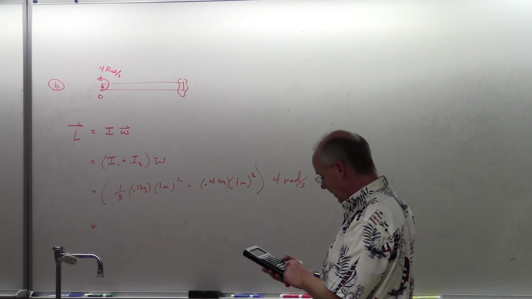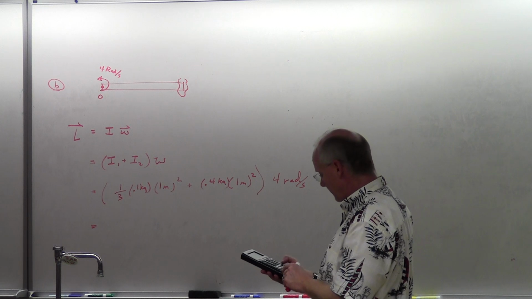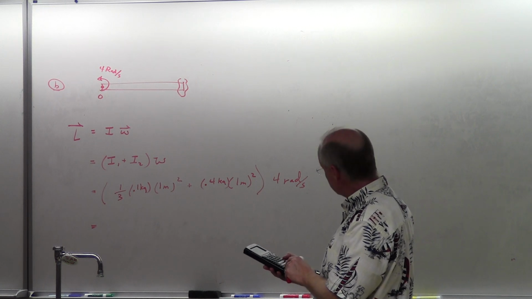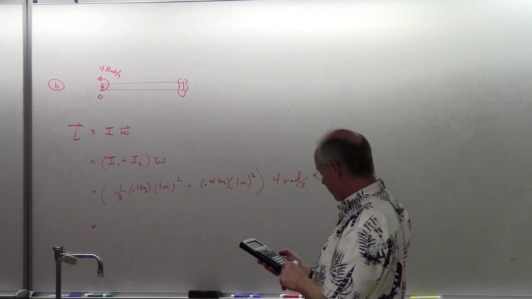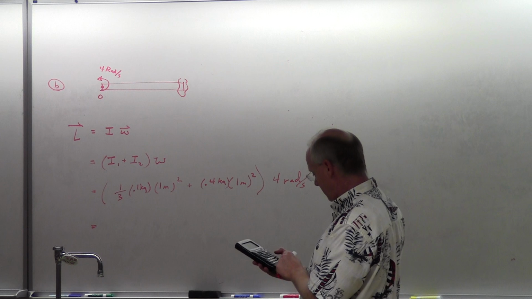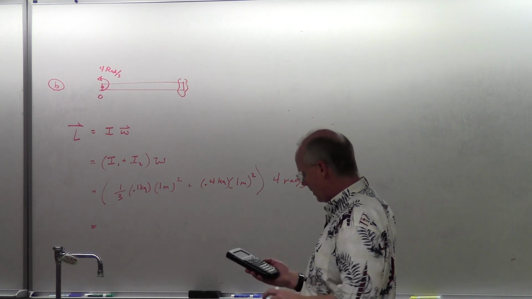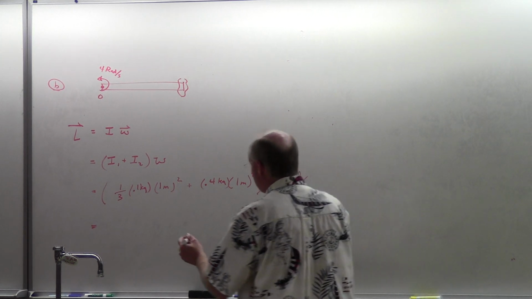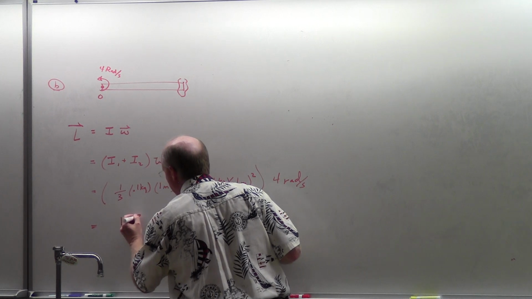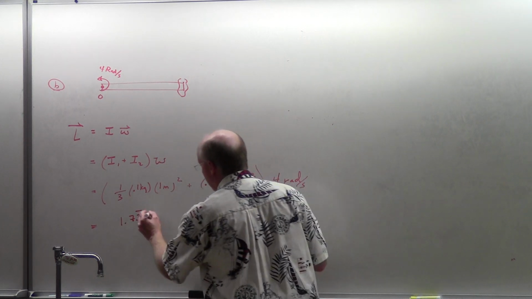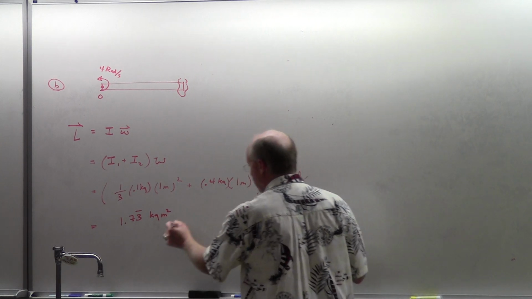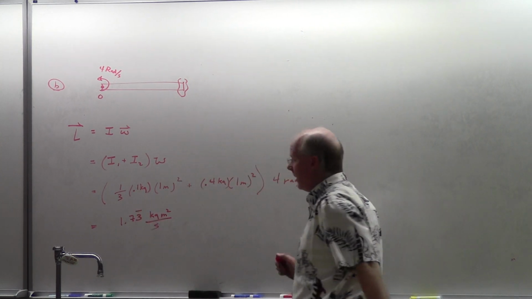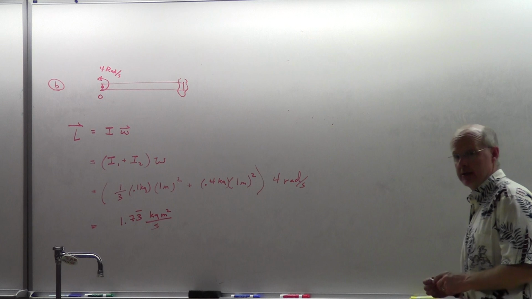Well, let's just see. 1 divided by 3 times 0.1 times 1 squared, plus 0.4 times another 1, times a 4, equals 1.73 repeating. And again, same units: kilogram meters squared for the rotational inertia, and then per second.